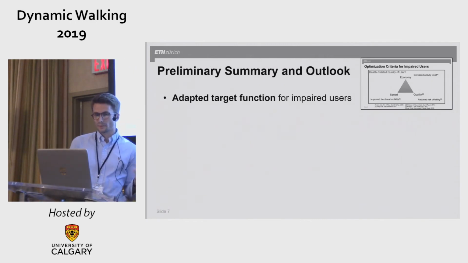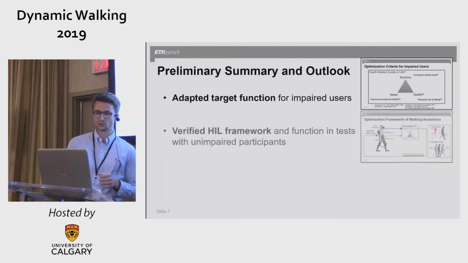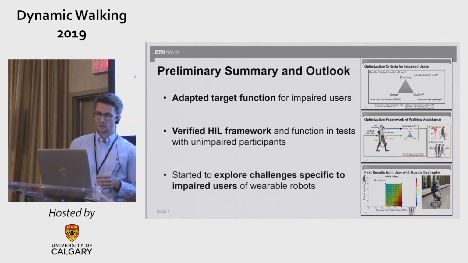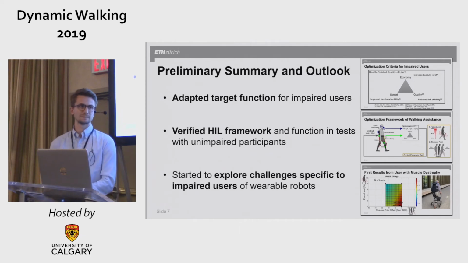So as a quick wrap up, we have thought about an adapted target function for impaired users. We have verified our framework for functionality and tests with unimpaired participants. And we have started to explore the challenges specific to our target population in the use with our MyoSuit wearable robot, and will continue to do so in the coming month. Thank you.